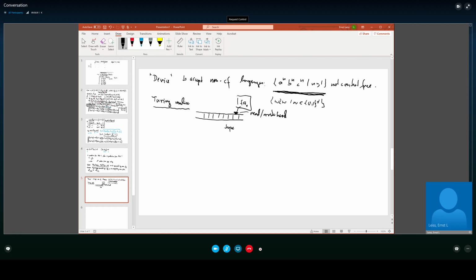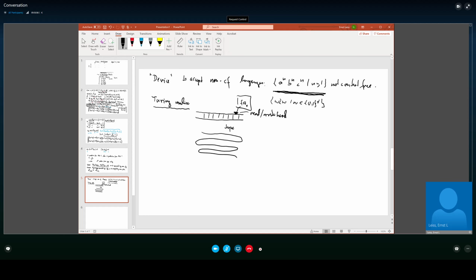Or if there are too many b's but not enough a's or c's. So there are various ways in which this can fail. And we will talk about this more formally, but you can easily see the Turing machine can go back and forth many, many times, not terribly efficiently.